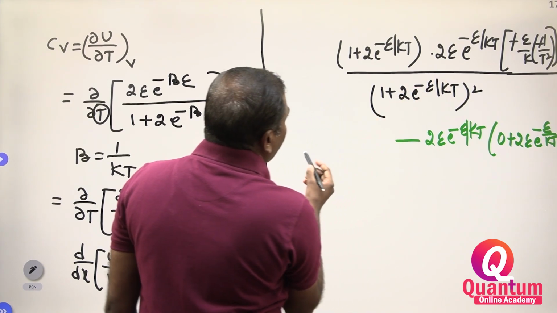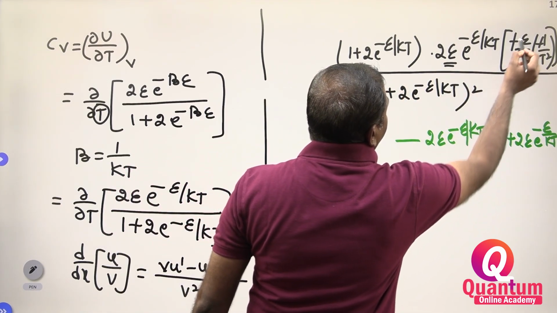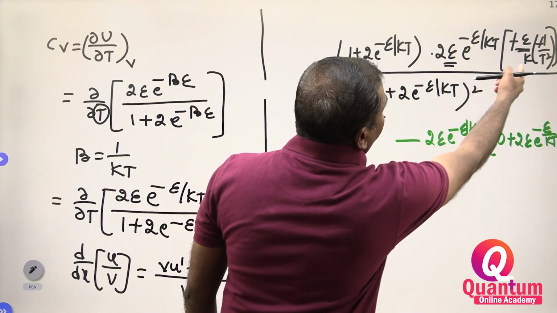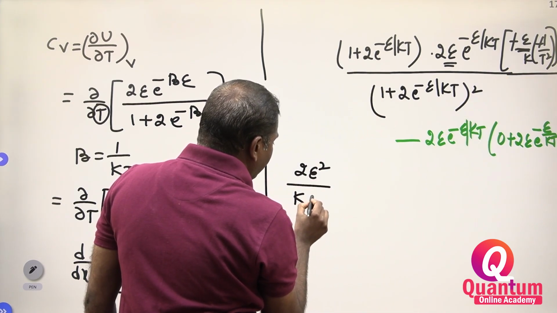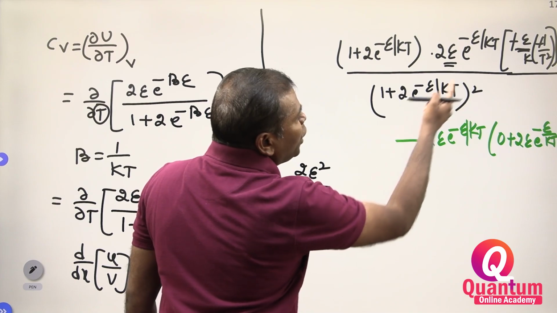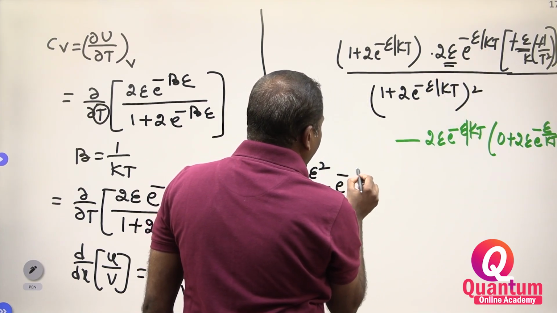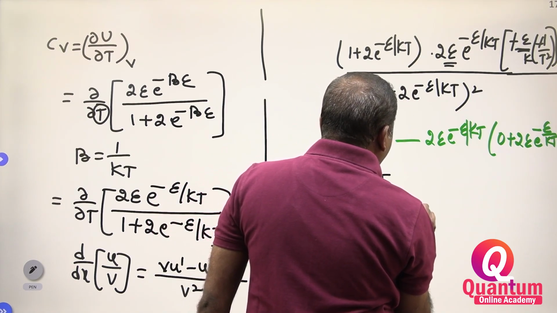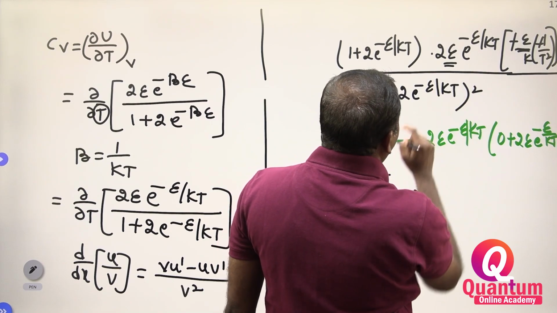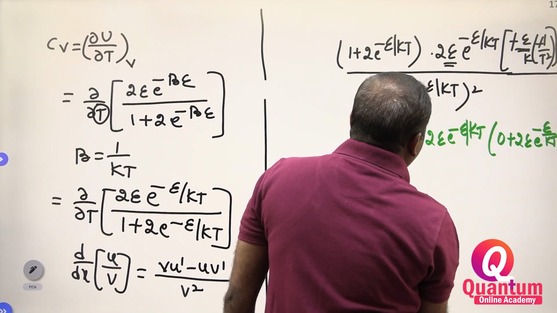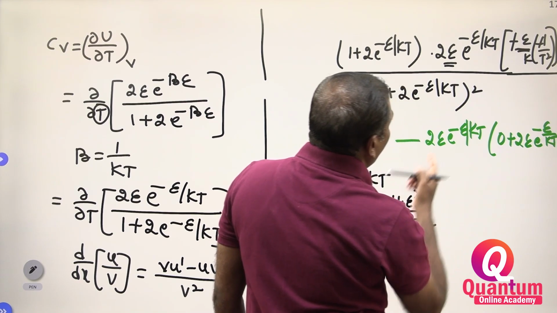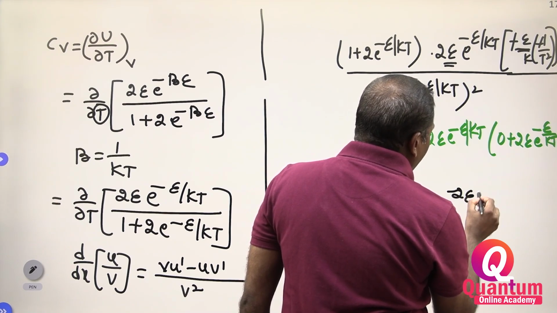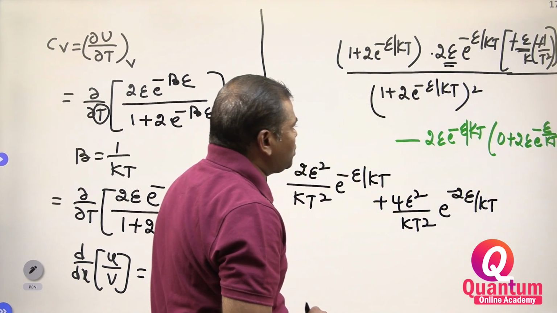How the things will come, once you have to see here. Now, you will see here 2ε² divided by kT², e^(-ε/kT), plus 4ε² divided by kT² e^(-2ε/kT).